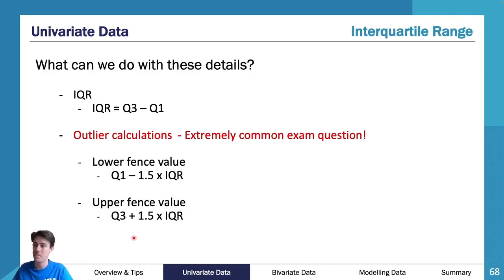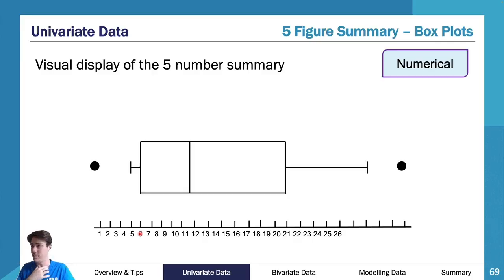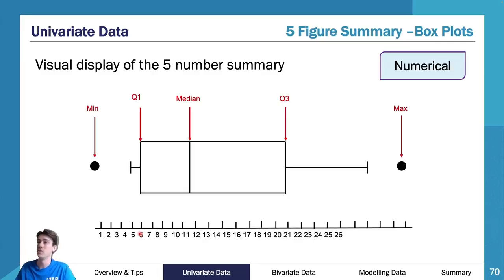Now, the other useful thing with box plots is it represents your 25-25-25-25. So, given that this is your minimum and this is your Q1, you know that 25% of the data is between that point there. Given this is Q1 and median, you know there's another 25% in here. Given this is the median and the Q3, you know there's another 25% in here. So then you can say, well, there's less than 75% of information below whatever value Q3 is.